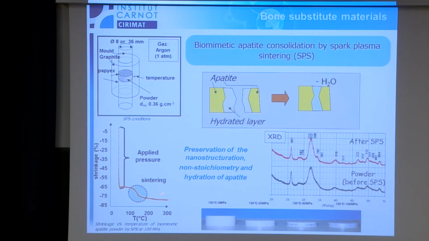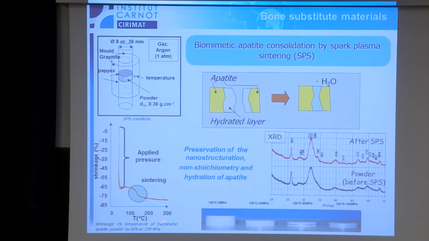We saw that we can have a sintering process using spark plasma sintering at only 150 degrees Celsius. It's really very interesting, because 150 degrees compared to 1100 is very different.